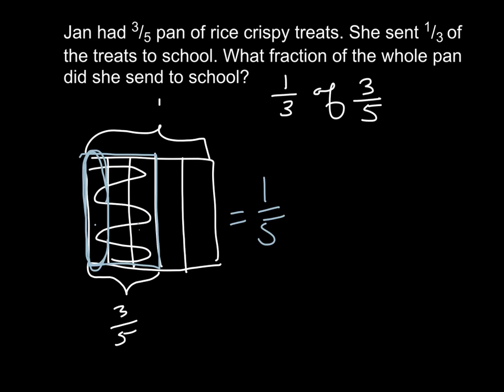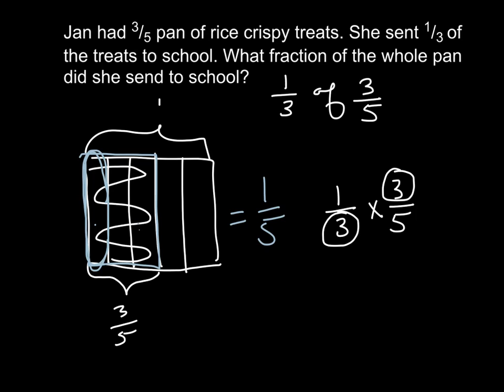And to do that numerically, I would take 1/3 times 3/5, and I'm going to notice that I've got a 3 here in my numerator, and I also have a 3 here in my denominator of the other fraction.